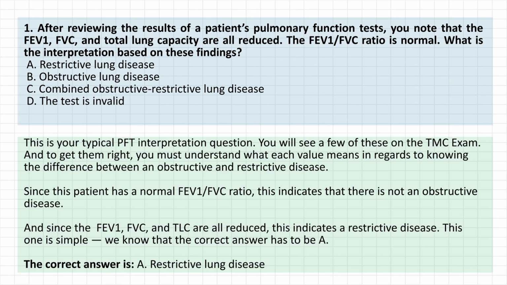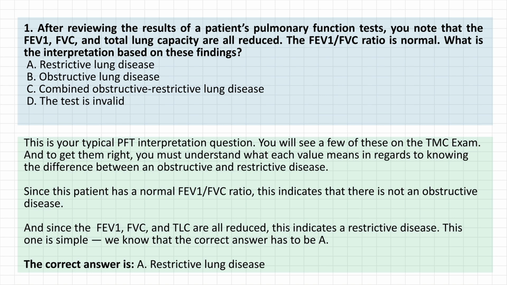Restrictive lung disease. This is your typical PFT interpretation question. You will see a few of these on the TMC exam. And to get them right, you must understand what each value means in regards to knowing the difference between an obstructive and restrictive disease. Since this patient has a normal FEV1 to FVC ratio, this indicates that there is not an obstructive disease.